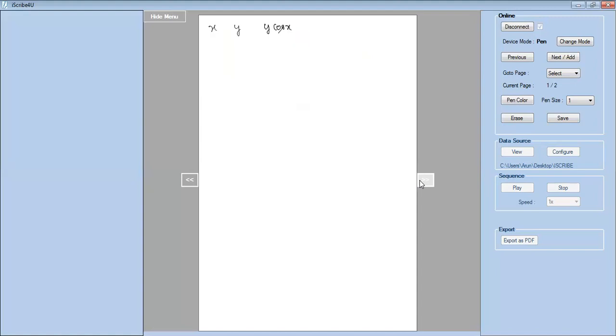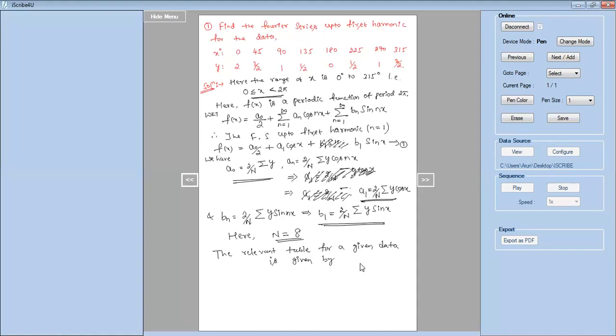Next, B1, if you observe, we have y sin x. Right? I want this: x, y, then y cos x, y sin x. Let us enter the values. So x values are given here. Let us enter them in the table.